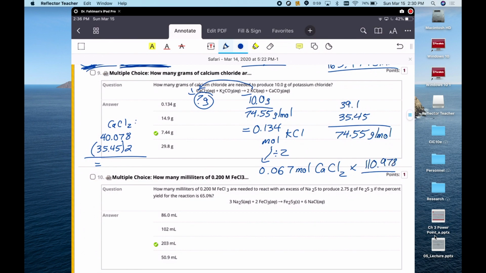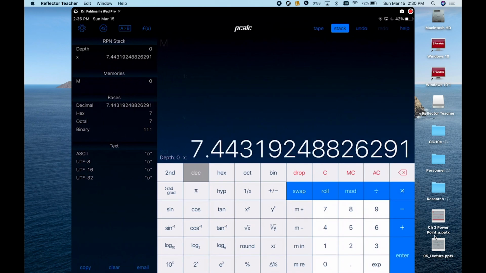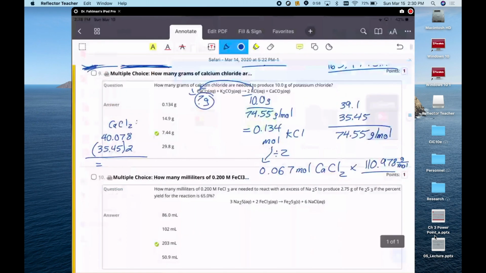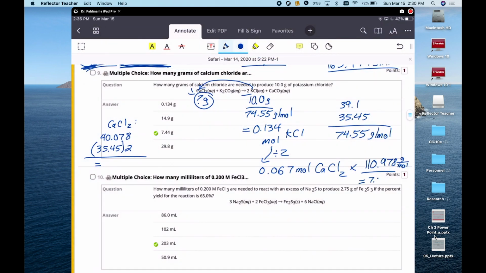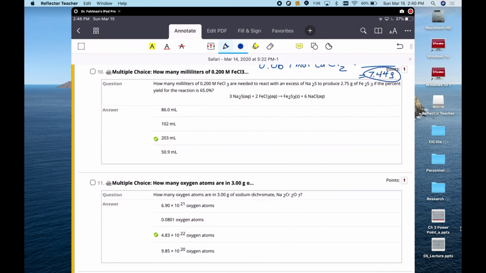Again, the units for that are grams per mole. And so you just multiply those out, and that's 7.44 grams, or that answer.